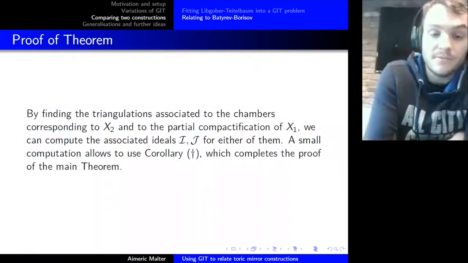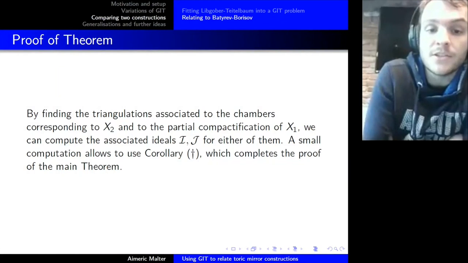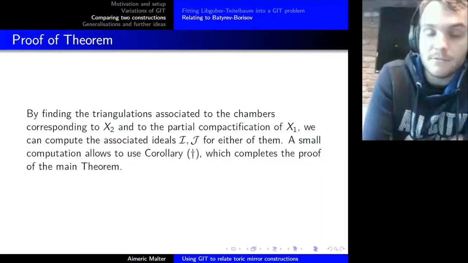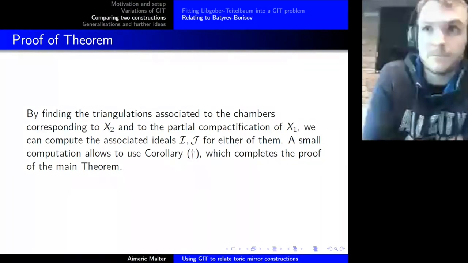And I just found some triangulations associated to these chambers corresponding to the Batyrev-Borisov vector bundle and to a partial compactification of the Libgober-Teitelbaum vector bundle. And then we can just compute the associated ideals. A small computation, just some straightforward algebra, allows us to check the conditions of the corollary, and we get a derived equivalence, which then proves the main theorem.